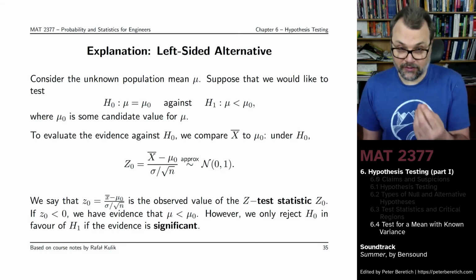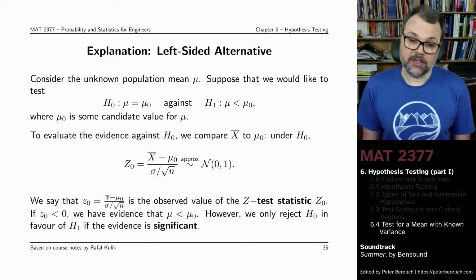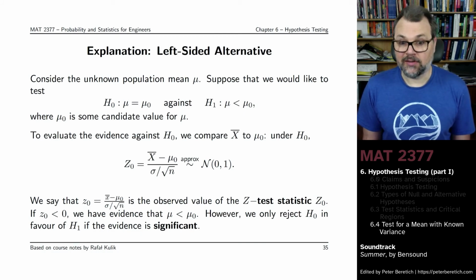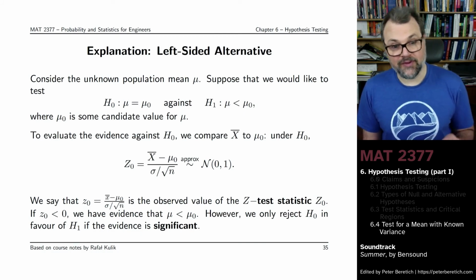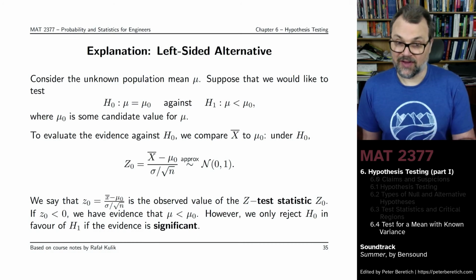The observed value, x bar minus mu naught divided by sigma divided by square root of n, z naught, we call it the observed value of the z-test statistic. If that observed value is smaller than 0, then you have some evidence to suggest that mu is in fact smaller than the candidate value mu naught.